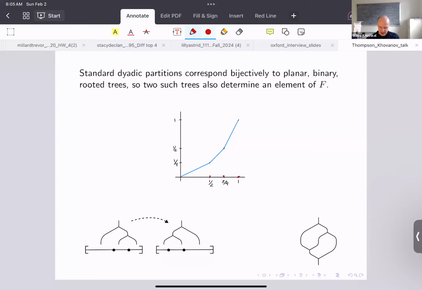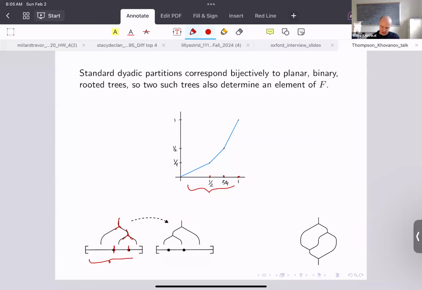So in this case, there's a 1/2, you divide the interval in half, and this is the first split of the tree. And then there's a second split in this first dyadic partition, and you have the second split in your tree.